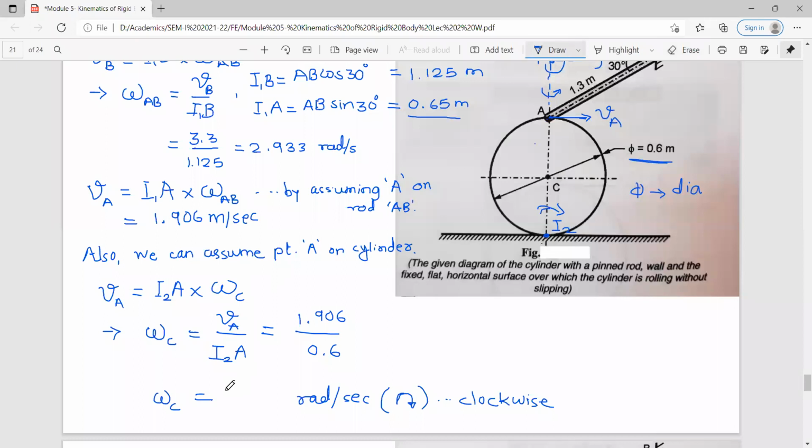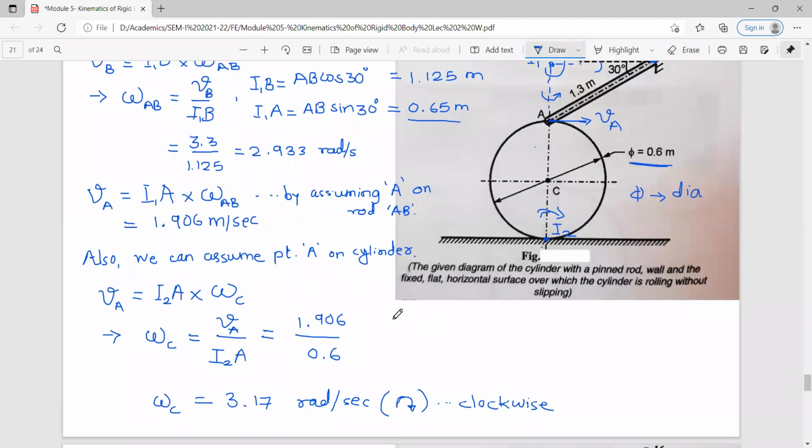Okay, 3.17 is the correct answer. So, are you getting it? The problem? Yes, sir.